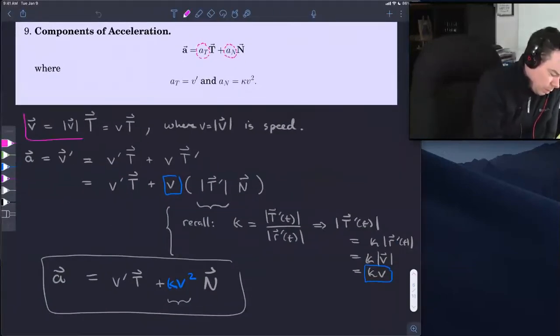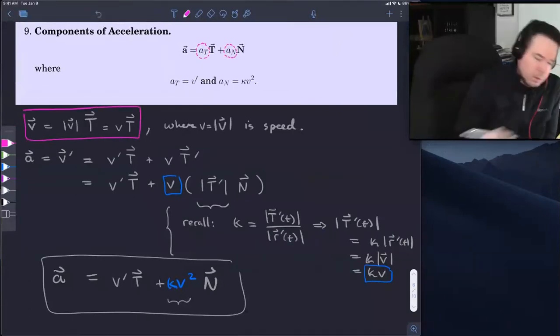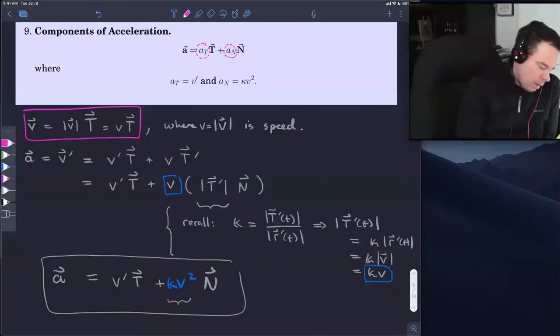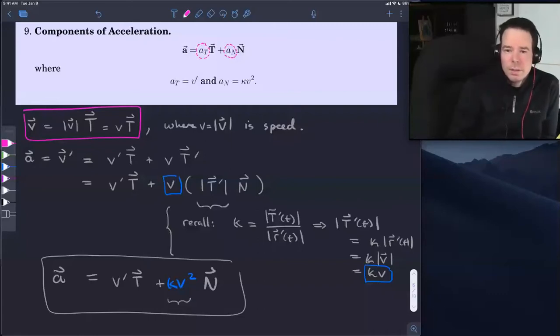So we start with what our velocity vector is. Our velocity vector is the magnitude times the unit tangent vector. And then we differentiated that. When we differentiate it, we use the product rule, scalar times a vector valued function. And that gave us the next line. And then we just noticed that we can work out what T prime is.